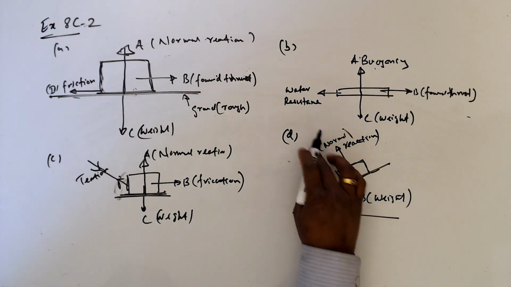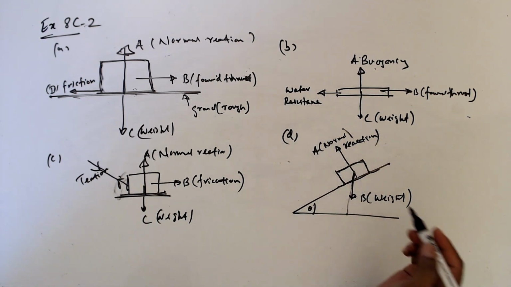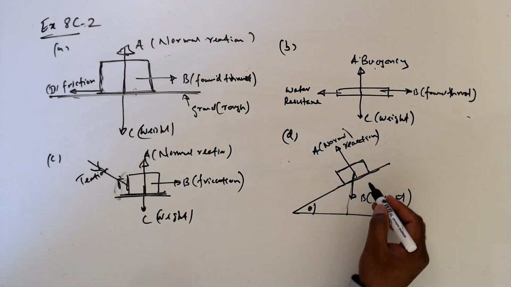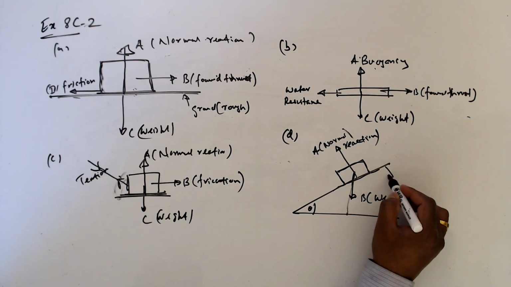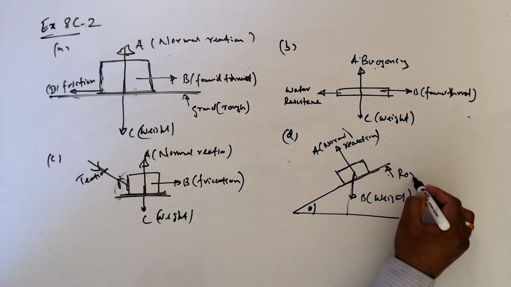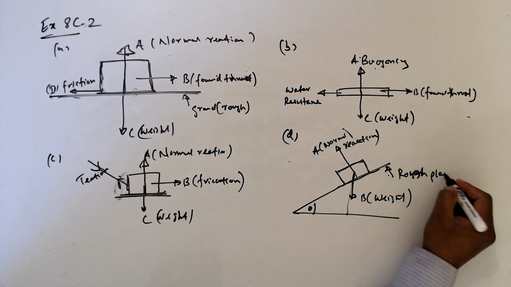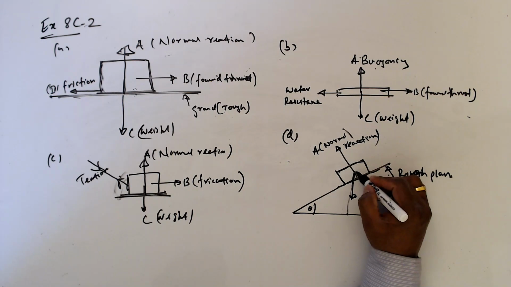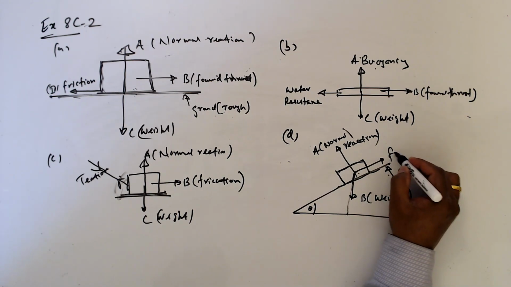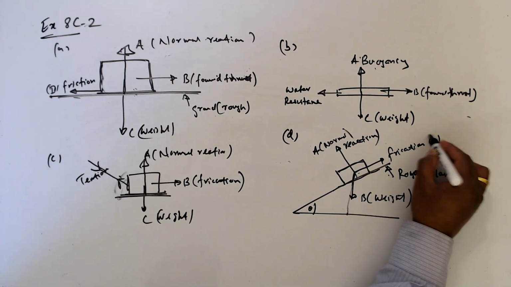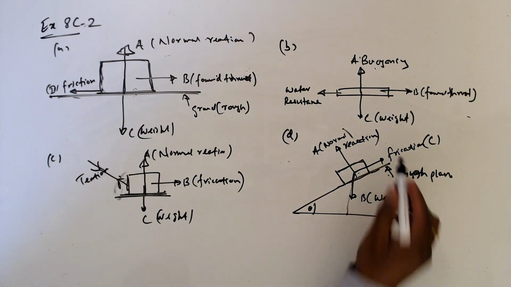So this value is going to be E, and sliding down a hill on a sledge. So we have to assume this is a rough plane. Because of that, it creates a friction. That is C. If this is smooth, there is no friction.